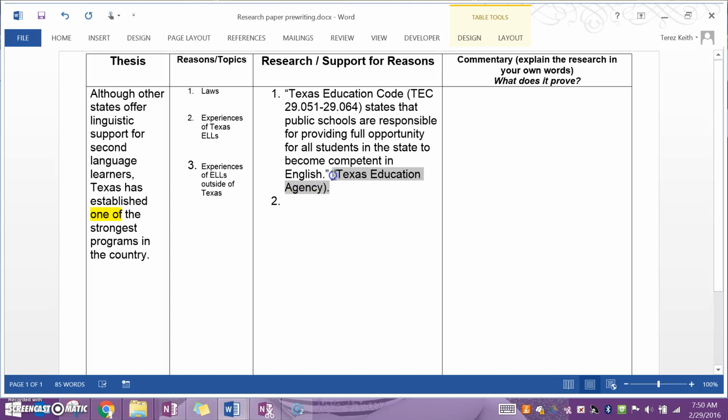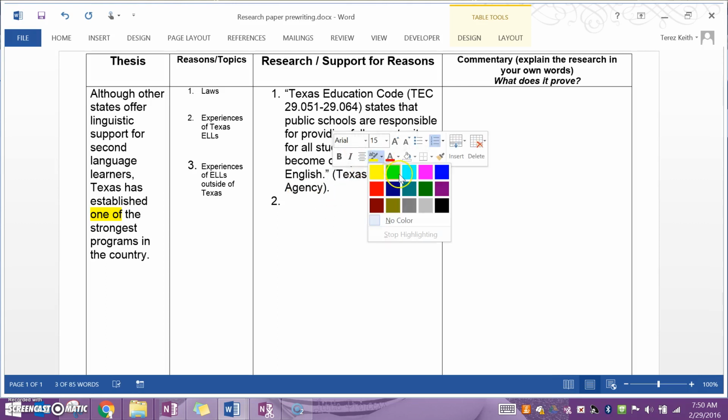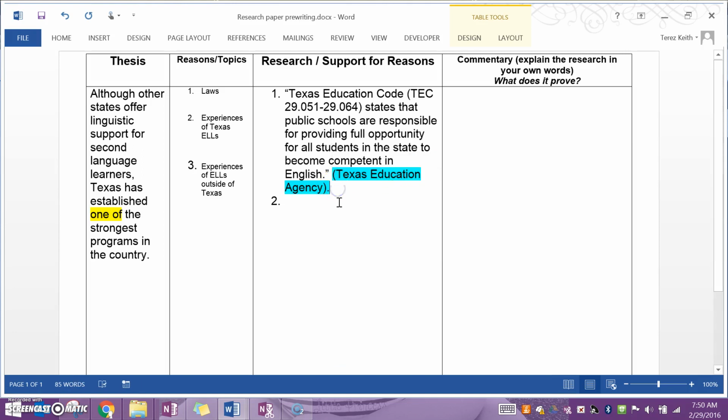You must, 100% must, every time you use research, put in brackets or parentheses after your quote who was the author of that quote. Otherwise, you're committing plagiarism. You're saying that this work was your own invention, and that's not true. So you must do this.